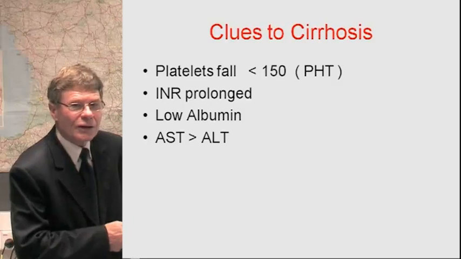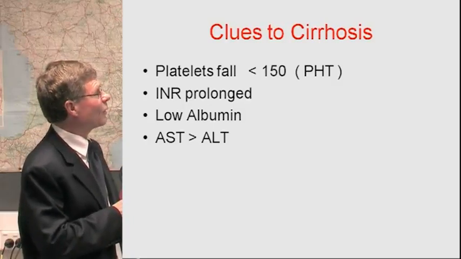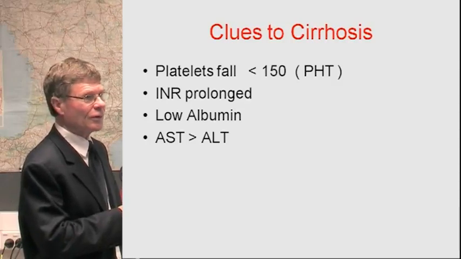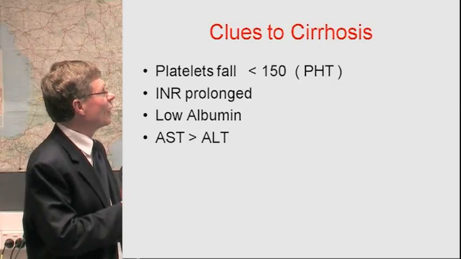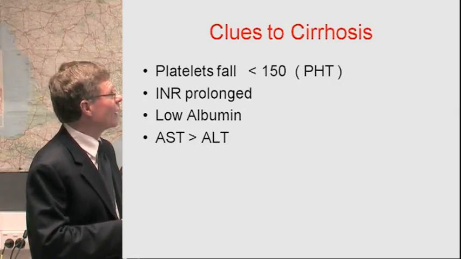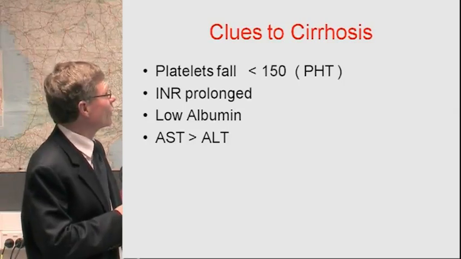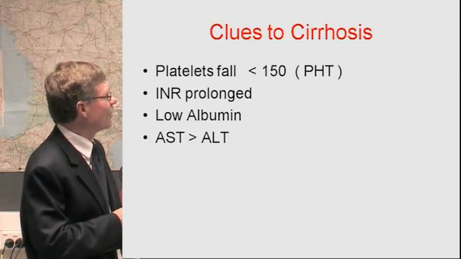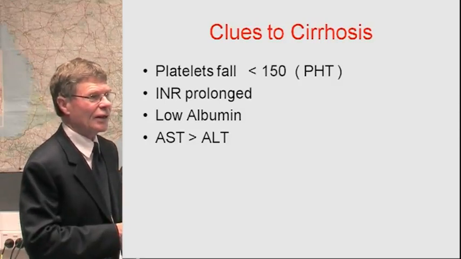So what are the clues in your surgery that a person may have significant liver disease or fibrosis? Well, the platelet count falls, because if you get cirrhosis, you get portal hypertension, your spleen enlarges, and you can consume platelets, red cells, and maybe leukocytes. But that's one that we most notice falls first. The INR might go prolonged. The albumin falls, and originally we had ALT higher than AST.